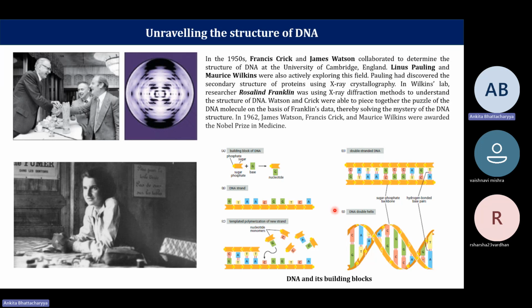Then more details about the DNA structure, building blocks, which are nucleotides, how they are arranged, how the sugar phosphate backbone gives it the stability, whereas nucleotide bases project towards the inside. They are hydrogen bonded to each other based on purines and pyrimidines, which are aligned along the sugar phosphate backbone.